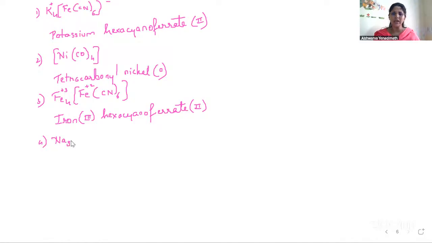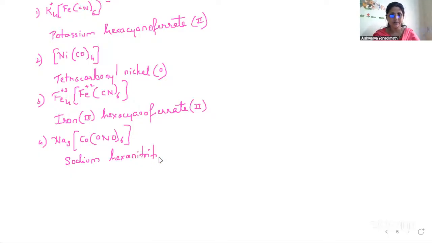Then we have another example. We'll take so many examples to understand the concept. Na3[Co(ONO)6]. So it is not NO2, it is ONO. So here we are talking about ambidentate ligand. So Na stands for what? Na stands for sodium, correct? Then how many? 6. Therefore, hexa. What I'll write here?